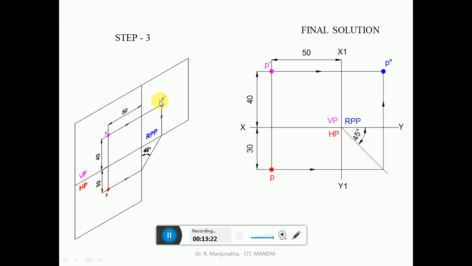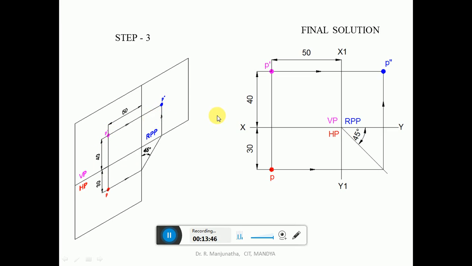So there we can see the distance above HP and also the distance in front of VP. This is how we are able to analyze the projection of a point which is in space in the first quadrant, and when it is observed, it falls on the respective planes.